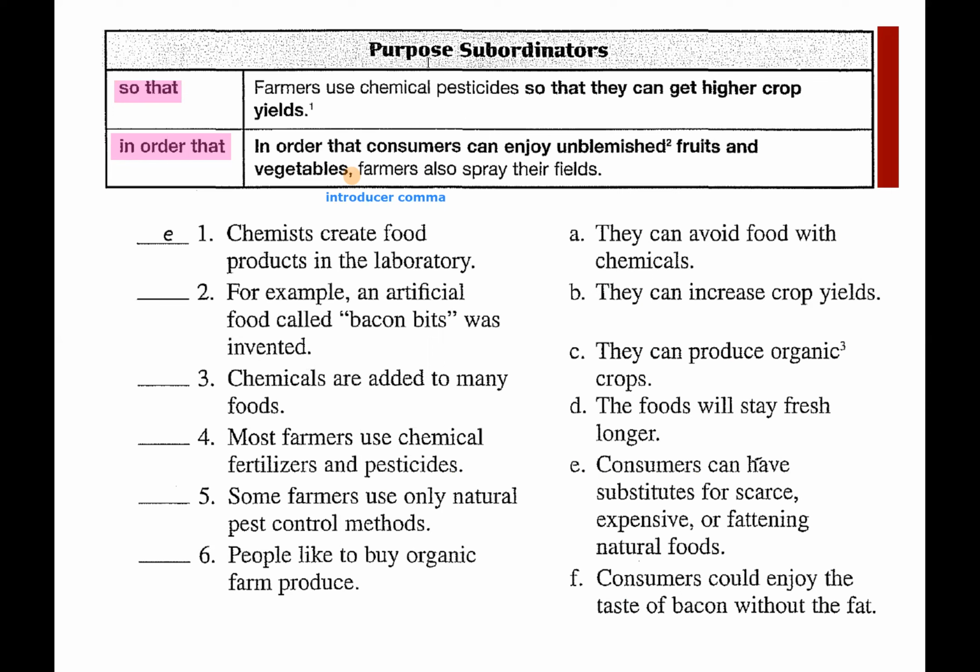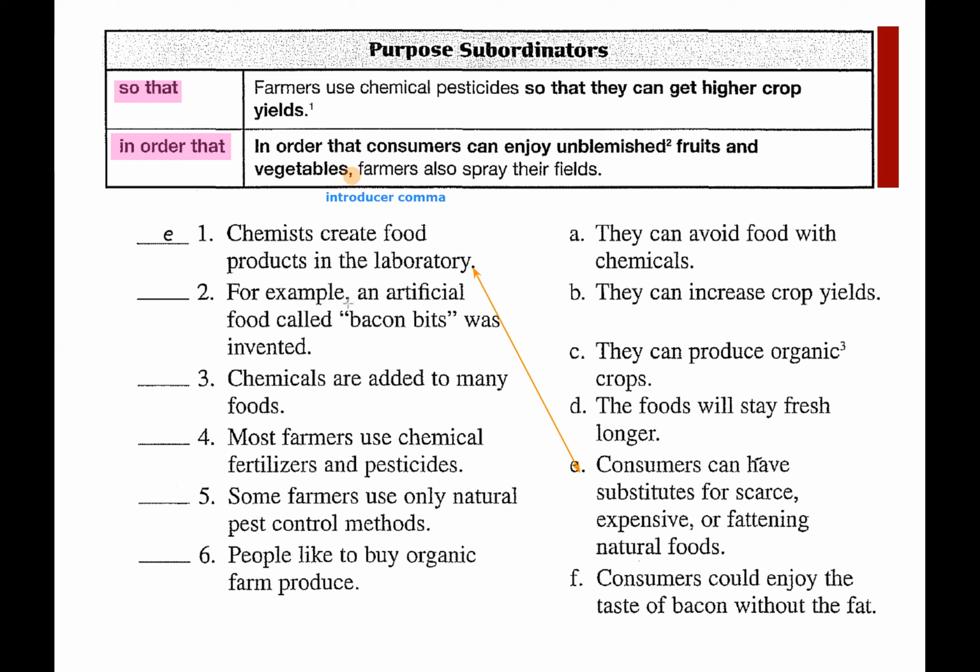Okay, so now we're going to try and combine the sentences. For number one, we're going to match it with E. Chemists create food products in a laboratory so that consumers can have substitutes for scarce, expensive, or fattening natural foods. What about number two?